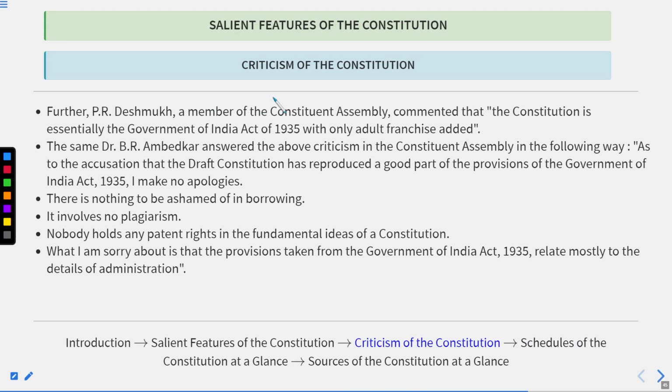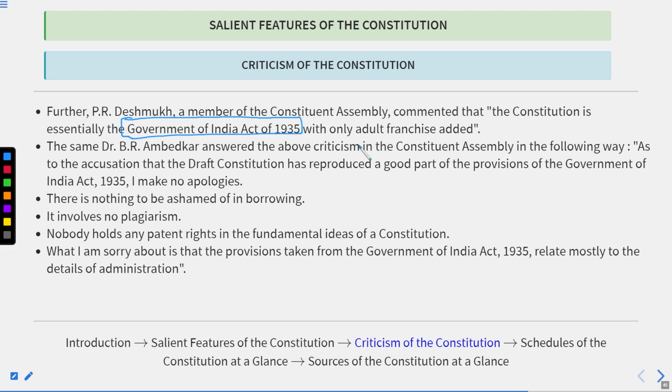But further, there is another person, P. R. Deshmukh, a member of the Constituent Assembly, who commented that the Constitution is essentially the Government of India Act 1935 with only adult franchise added. It means that almost everything we have in the Constitution was already present in the Government of India Act 1935.